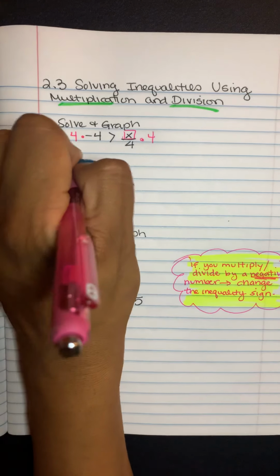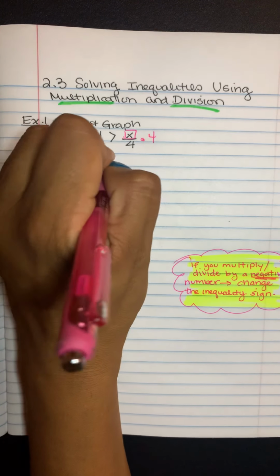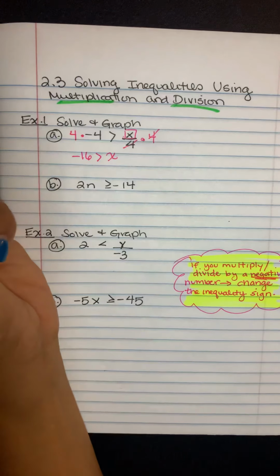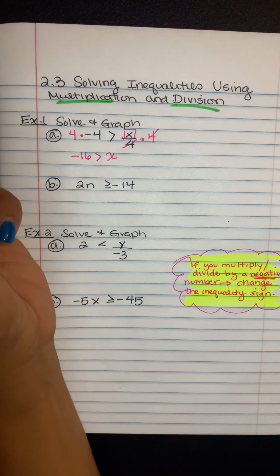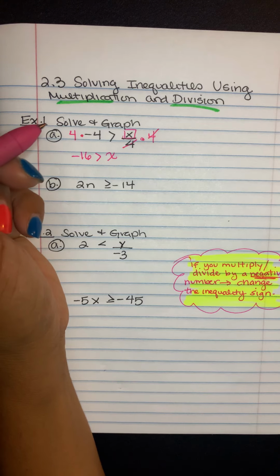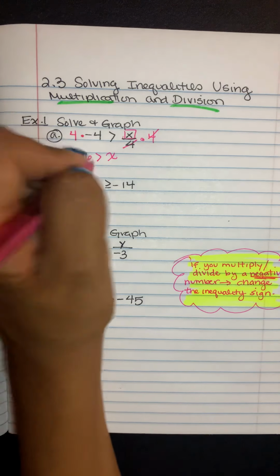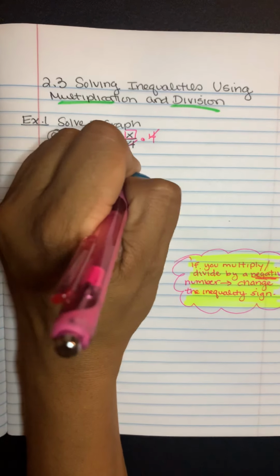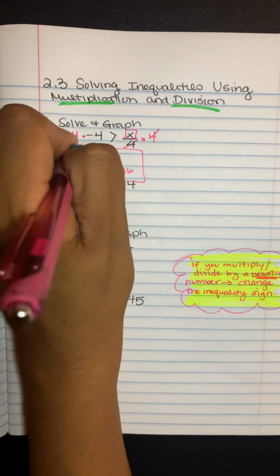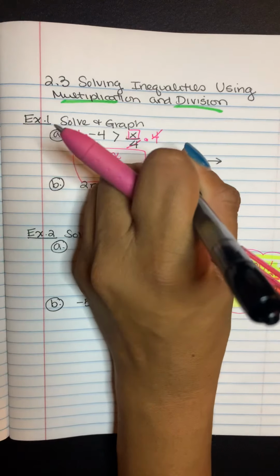Okay, and we end up with negative 16 is greater than x. Again, if you know how to read it, negative 16 is greater than x. That means x is less than negative 16. You can rewrite it. Don't forget, we need to graph it. Give me 3 numbers.